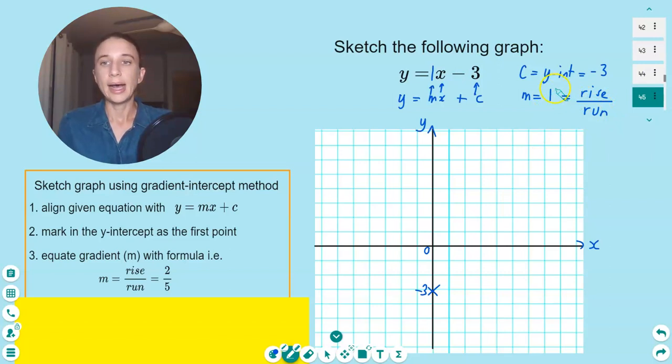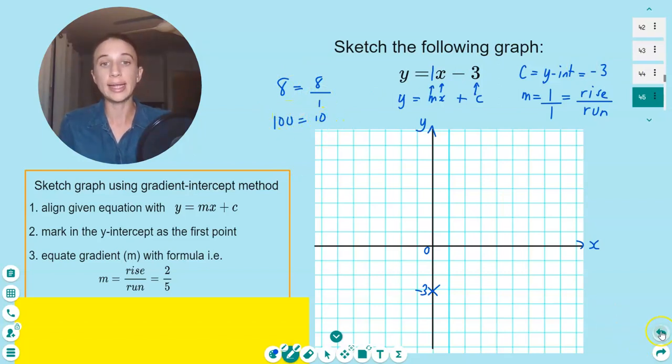Now, any whole number can be written over itself as 1. Any whole number can be written divided by 1. So the number 8 could be written as 8 over 1. The number 100 could be written as 100 over 1.